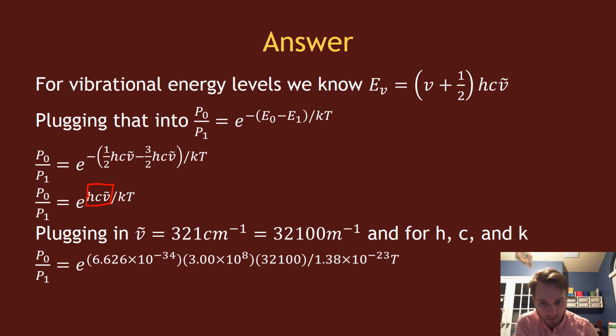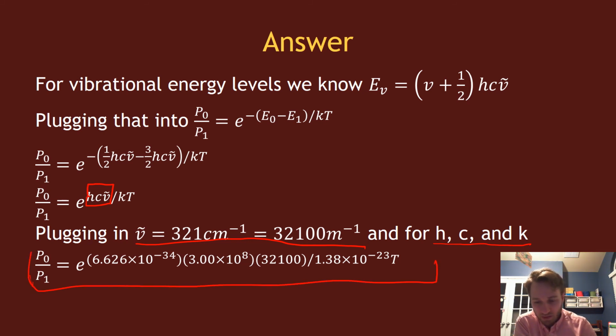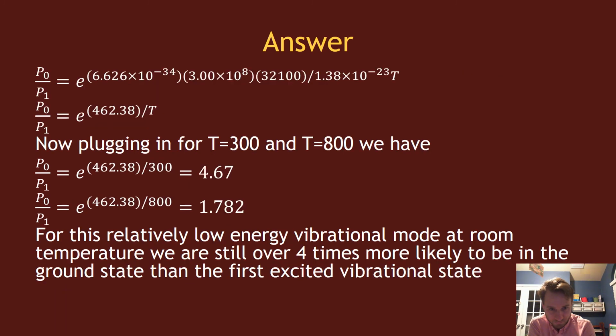If we plug in the wave number in inverse meters, and the values of h, c and k, we get this equation to simplify down. You get the ratio of P0 over P1 is e to the 462.38 divided by T. At T equals 300, plug in 300 and simplify, and at T equals 800, plug in 800 and simplify.